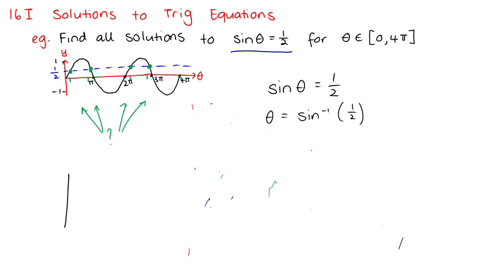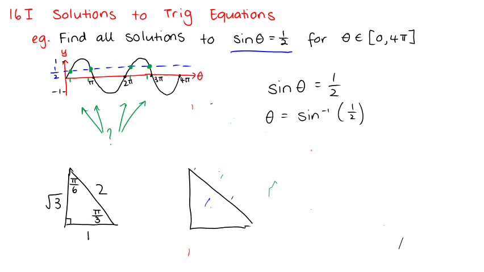So the first one is the pi on 6 and the pi on 3. There's a √3 opposite the pi on 3, a 1 and a 2. And the other one was pi on 4, and it was 1, 1, √2.